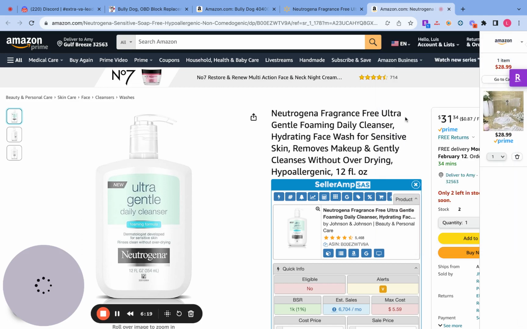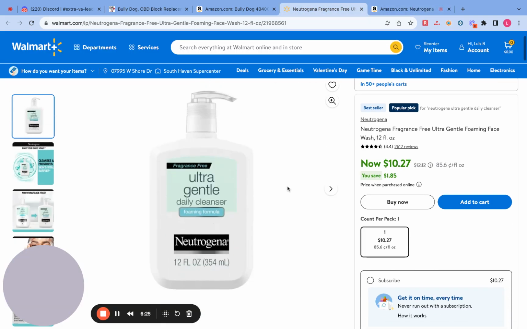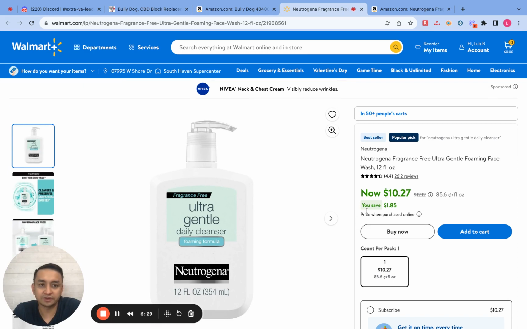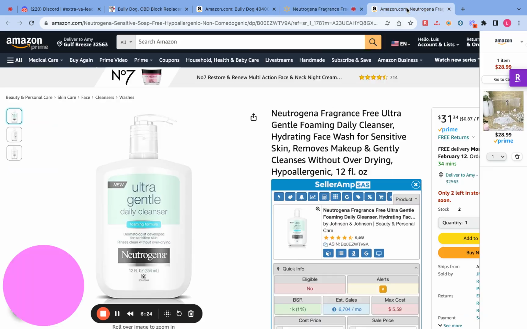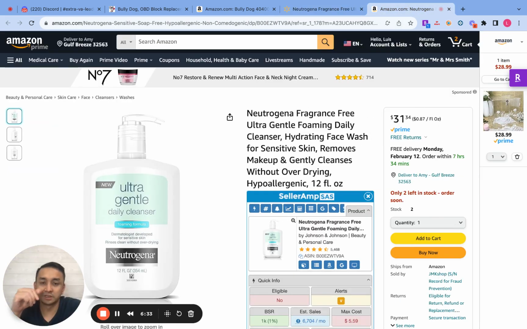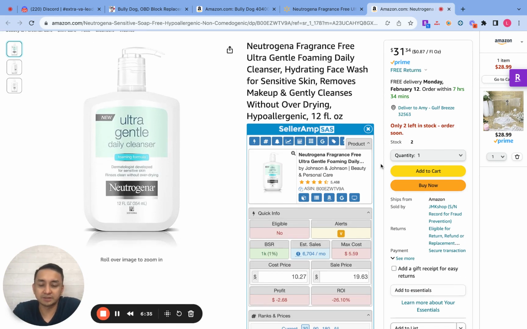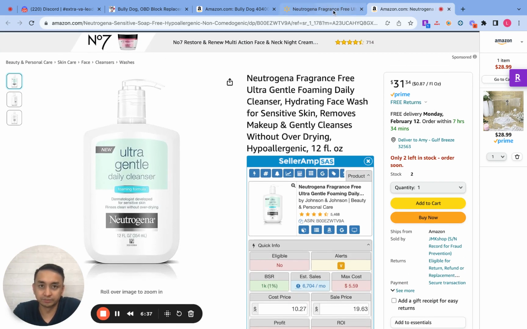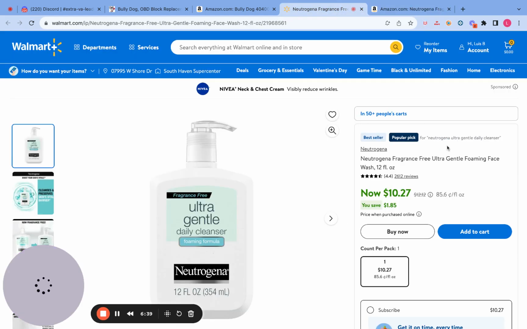Next product. This one is a Neutrogena fragrance free, ultra gentle face wash, 12 fluid ounces. It's good.